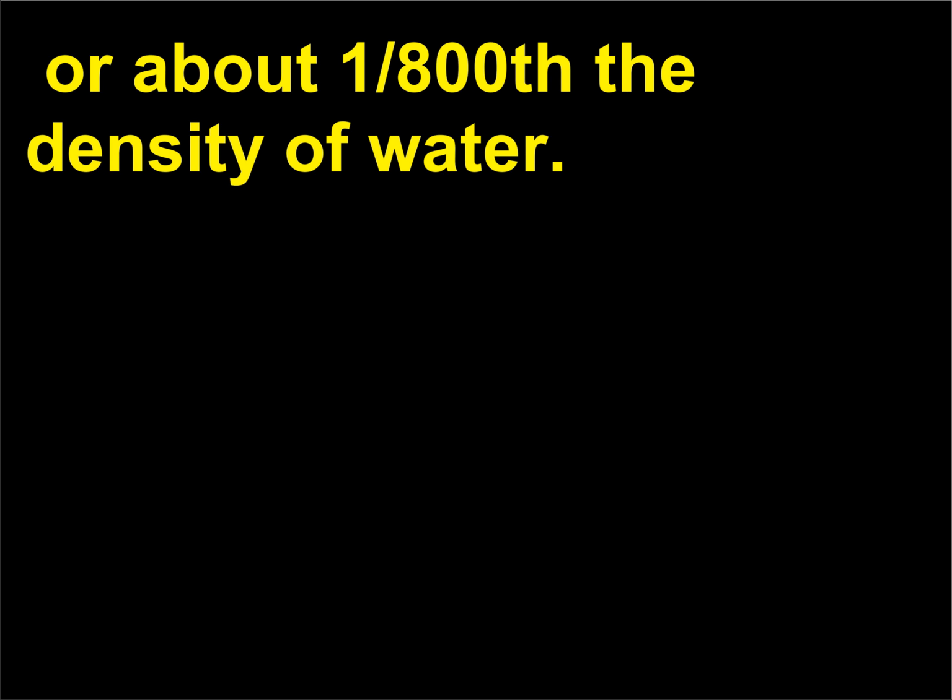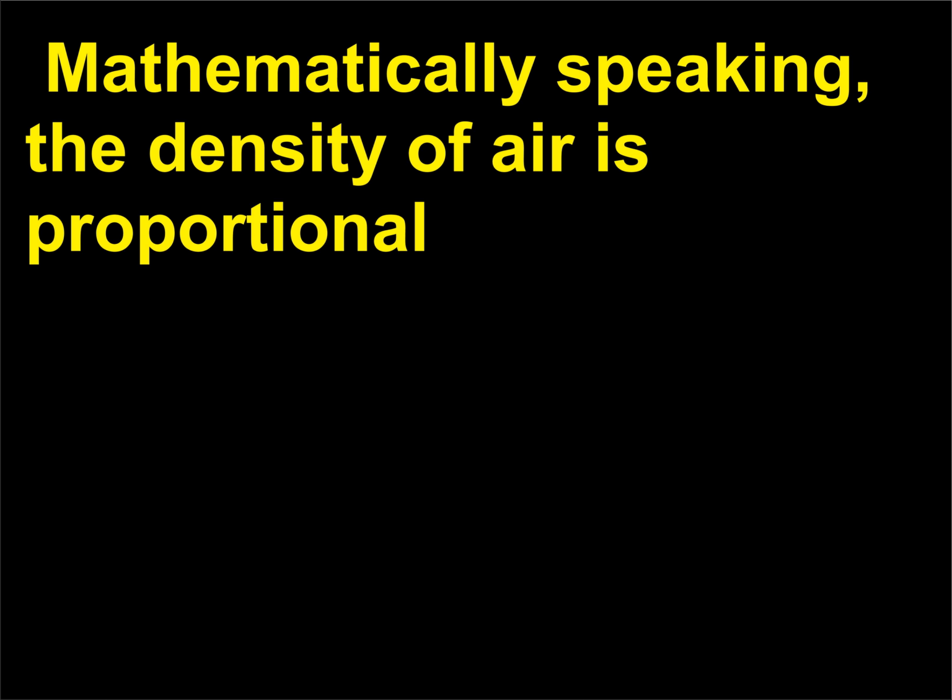But as altitude increases, the density drops dramatically. Mathematically speaking, the density of air is proportional to the air pressure and inversely proportional to temperature. Thus, the higher up one is in the atmosphere, the lower the air pressure and the lower the air density.